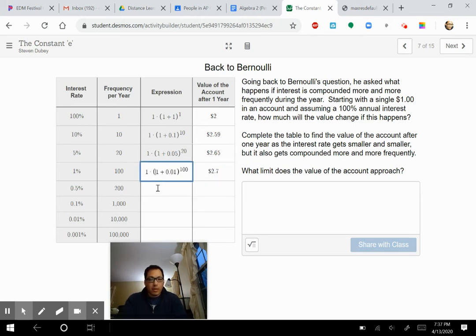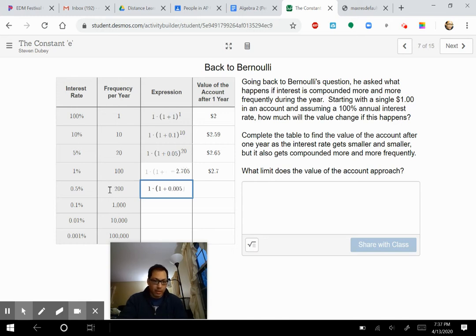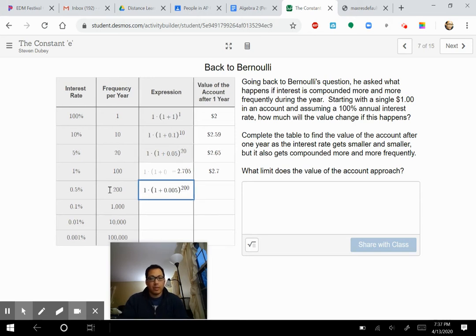What about this one? Now we're increasing by 0.5%, 200 times. We're going to have $1 times 1 plus 0.005, that's 0.5%, to the power of 200. Looks like this is going to become the calculation here, which is good, nice.